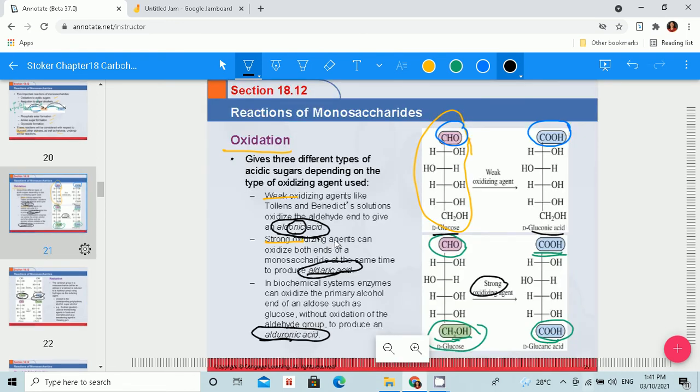Just like glucose, if we have galactose, the aldehyde group will be oxidized to carboxylic acid, so it will become galactonic acid. Now, what if we have galactose oxidized using a strong oxidizing reagent?